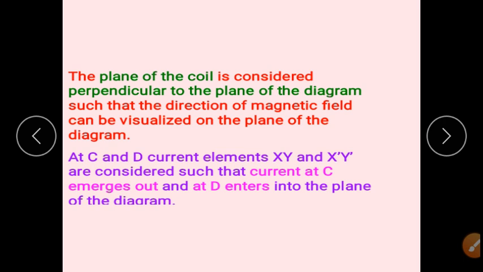Current at C means the current element xy is at the point C, and x dash y dash we considered at the point D. So for xy, current is coming outside, and for x dash y dash, current is going into the plane. That is noted here: at D it enters into the plane of the diagram.